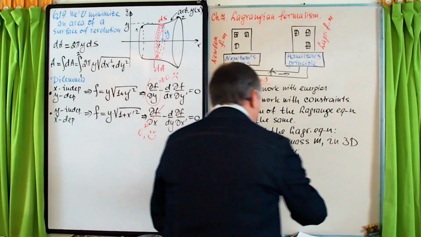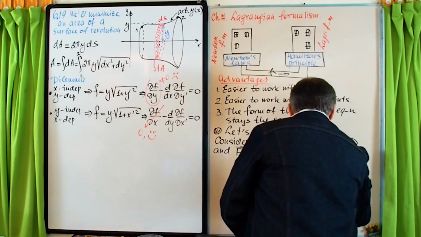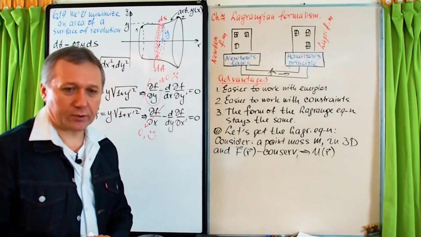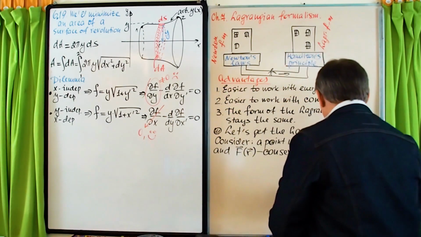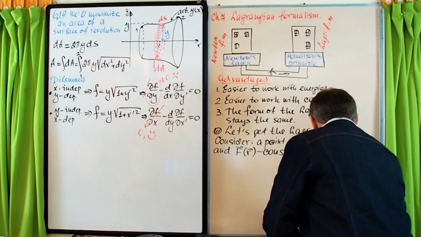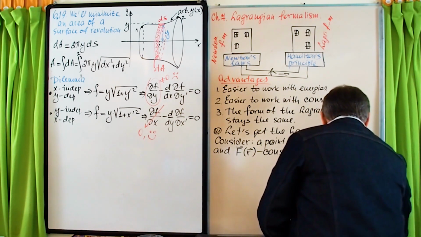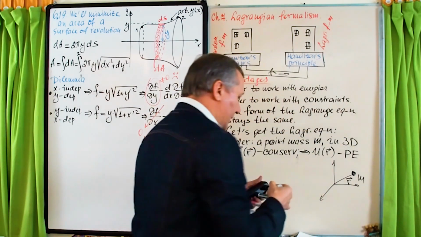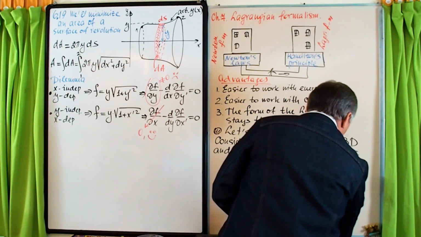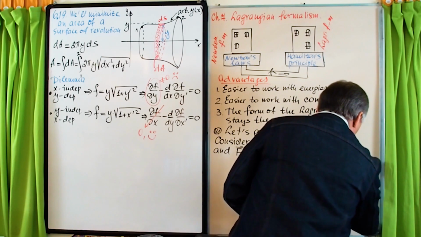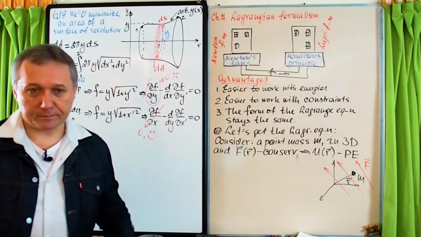So we can introduce potential energy U as a function of r. Maybe you can draw something like this: three-dimensional space, some point mass at position r, exposed to some force F, which is conservative, some field.